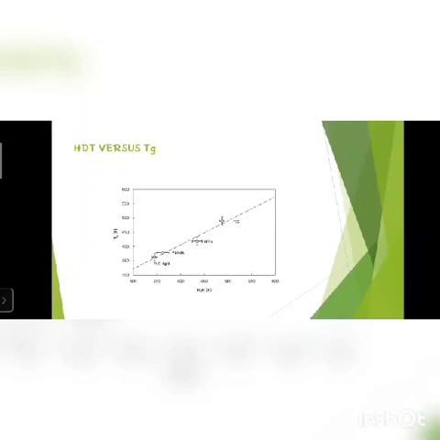This is Asif Mukhtar, and today I'm going to present the graph about HDT and Tg. HDT is the heat distortion temperature, Tg is the glass transition temperature, and Tm is the melting temperature.